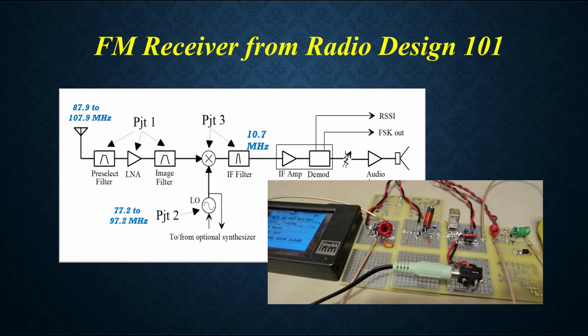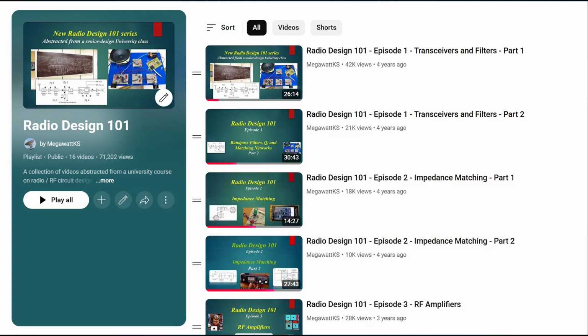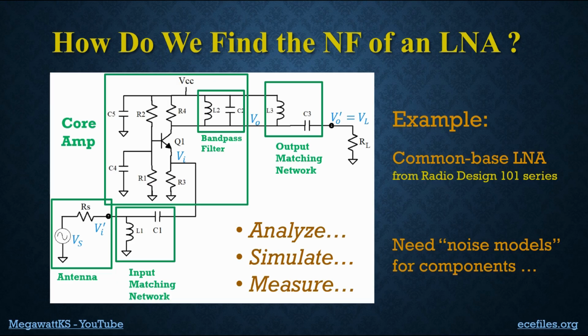If you're rusty on RF circuit design, I would recommend that you go look at that series. It's actually adapted from a university course, and it goes through all of these things here. But I'll assume that you've already done that, or you're working in the field and very familiar with this kind of stuff, and let's just plow ahead.